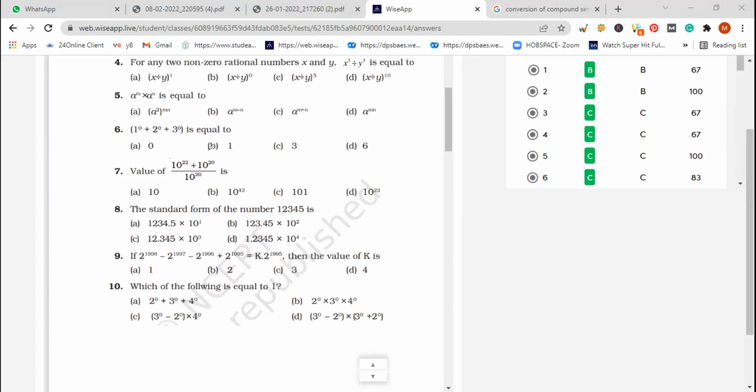What is the common exponent? Ma'am, 10 raised to power 20 is common. If you take 10 raised to power 20 common, you will be left with 10 raised to power 2 in the first term and 1 in the second term.